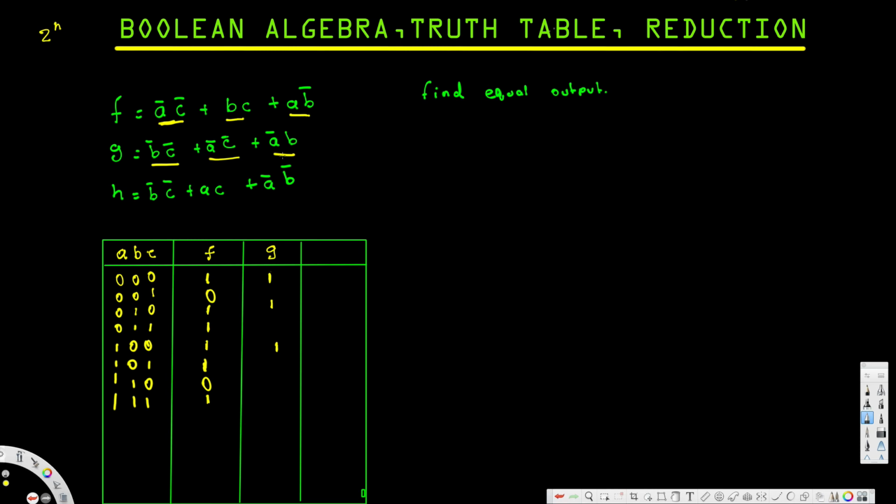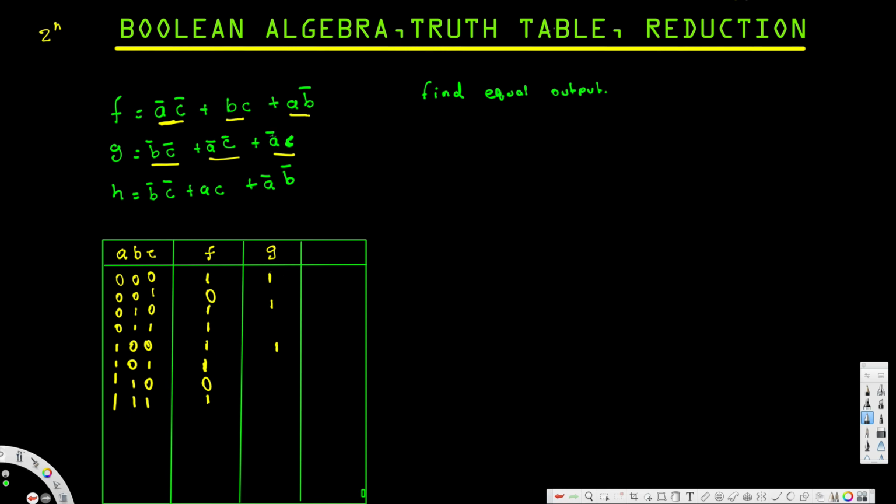A bar b. Okay, actually I copied this one wrong, that's why it's a problem. This is a bar c, but it doesn't matter. If you do it this way you will get a similar answer like the other one, but you will see finally.